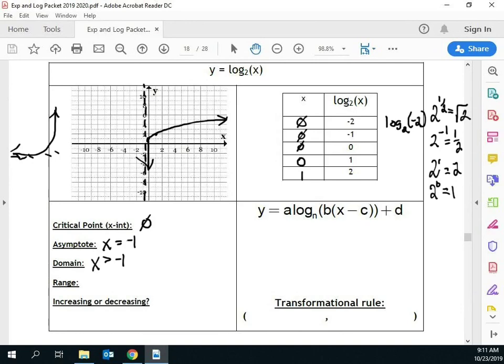And then we go ahead and talk about the range. The range is going to be what? Well, what was the domain of the exponentials? All real numbers. And then finally, to finish it off, is this graph increasing or decreasing? Well, going from left to right, is it going up or down? It's increasing.